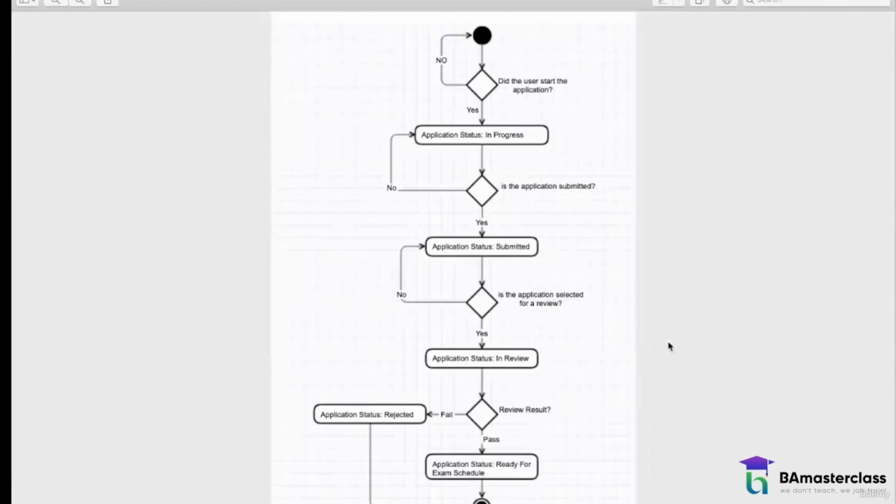All right, any questions on the state diagram? Do you understand what I'm trying to explain here? Next question.